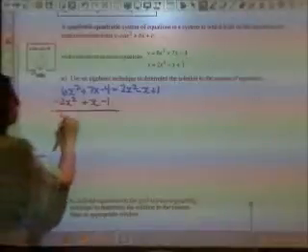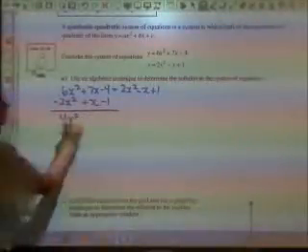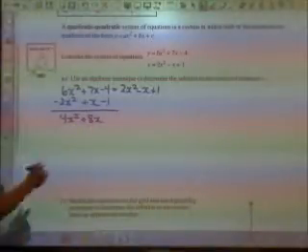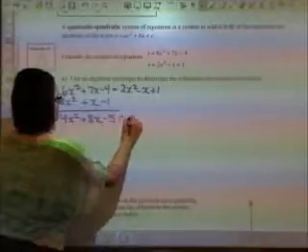So 6x squared minus 2x squared? 4x squared. 7x plus x? 8x. And negative 4 minus 1? Negative 5. Okay, so now I have a quadratic that equals 0.